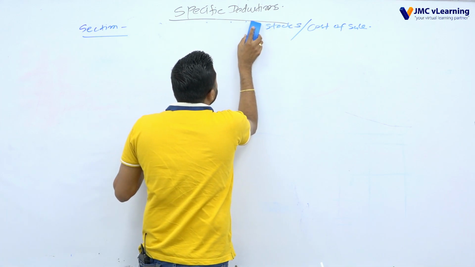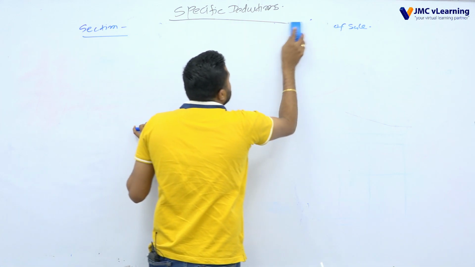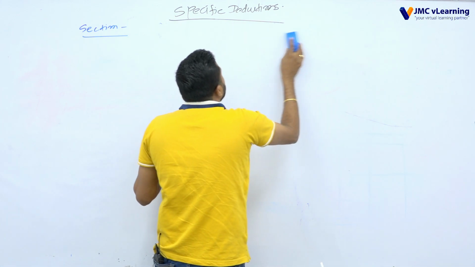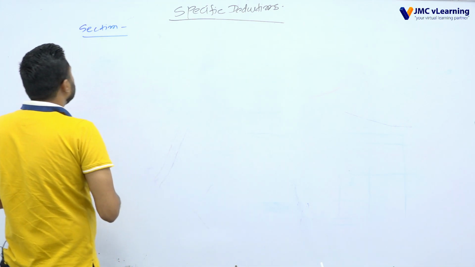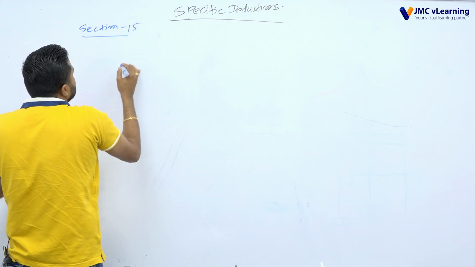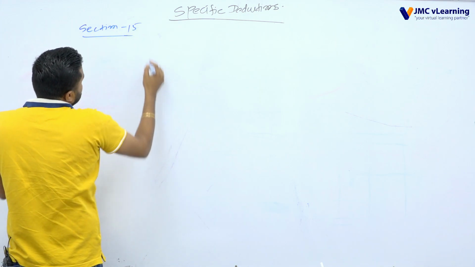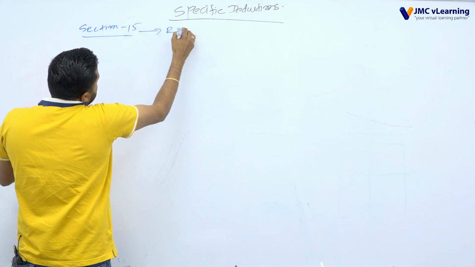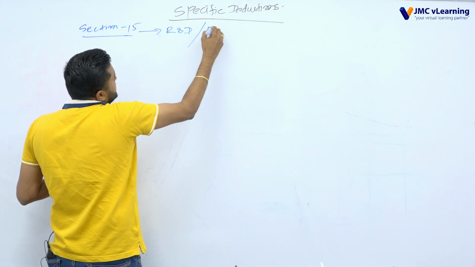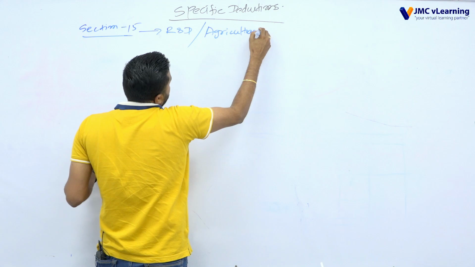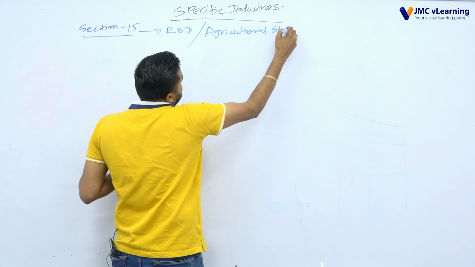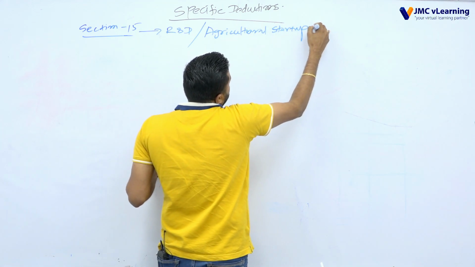Then I will skip section 14 for a moment, because we have to discuss section 14 once we discuss section 16. Therefore I will skip that one and go with section 15. Section 15 is about research and development and agricultural startup expense.